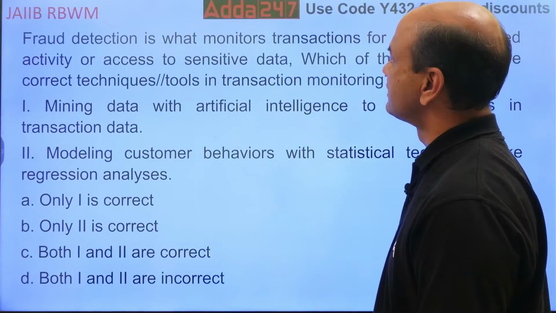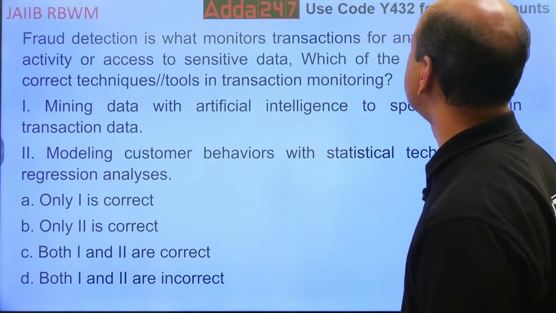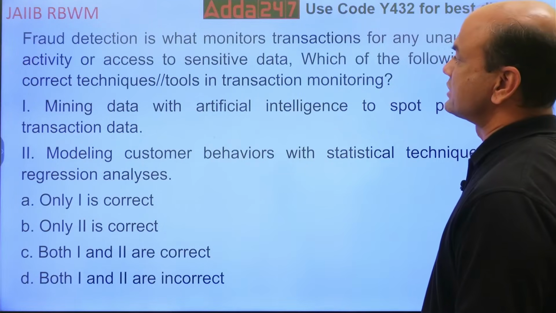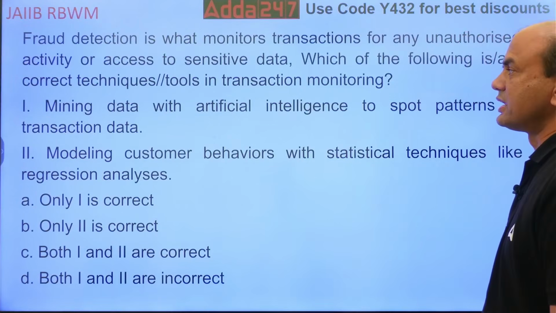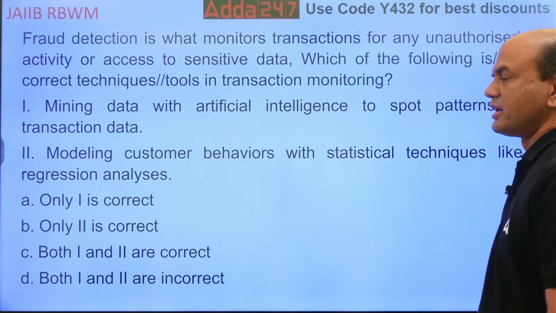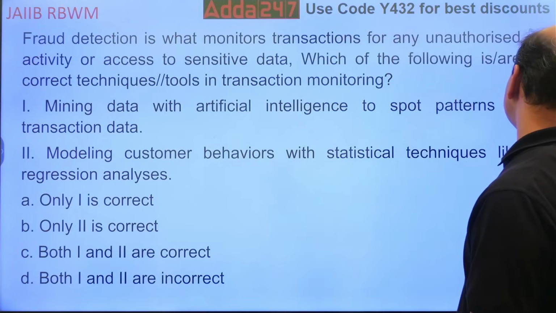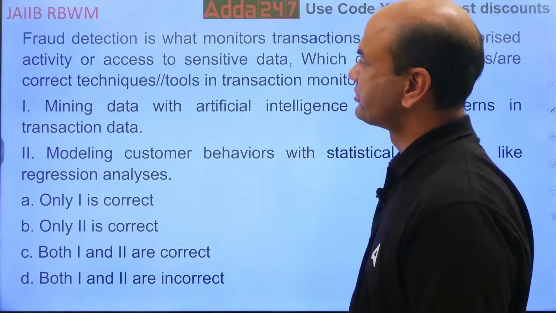Fraud detection is what monitors transactions for unauthorized activity or access to sensitive data. Which of the following is or are correct techniques, tools in transaction monitoring? Here we are immediately shifting to the tech part.